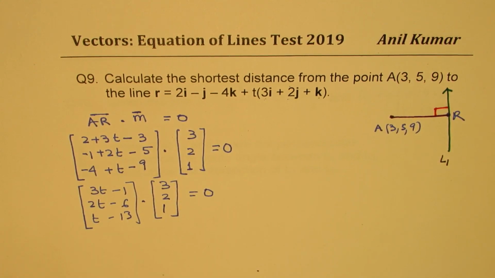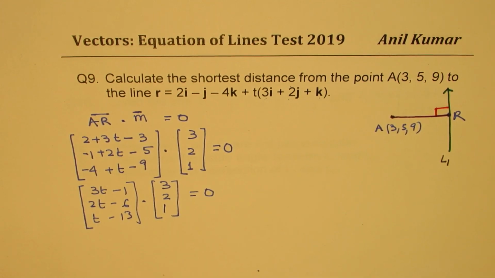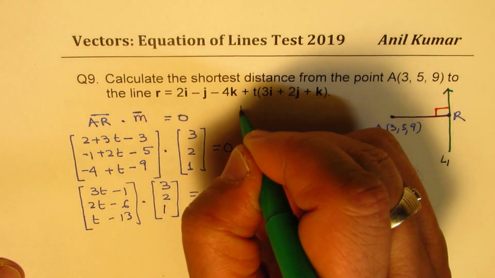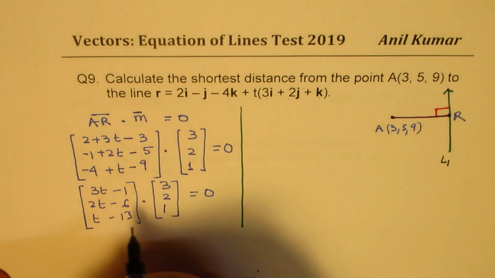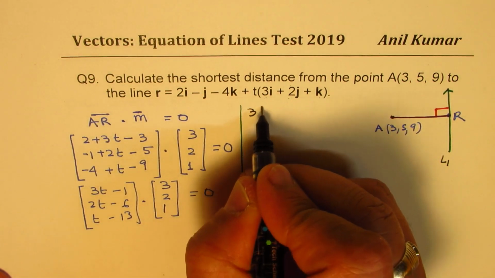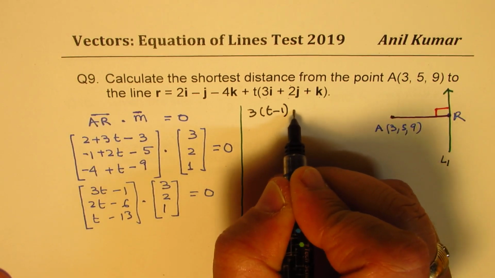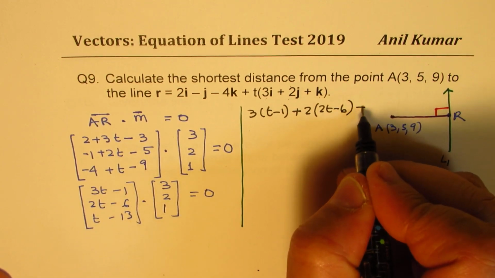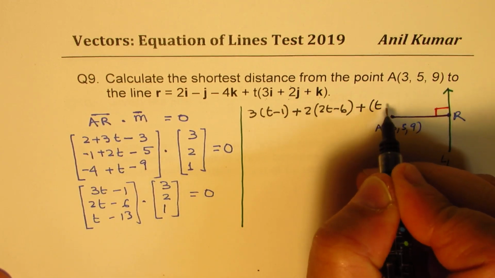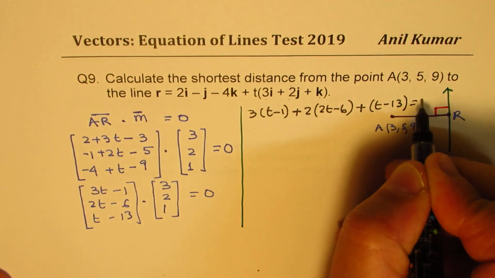So that is how we can actually find the dot product and get our answer. Okay. So let's find the dot product. So we have 3 times 3t minus 1 plus 2 times 2t minus 6 plus t minus 13 equals 0.